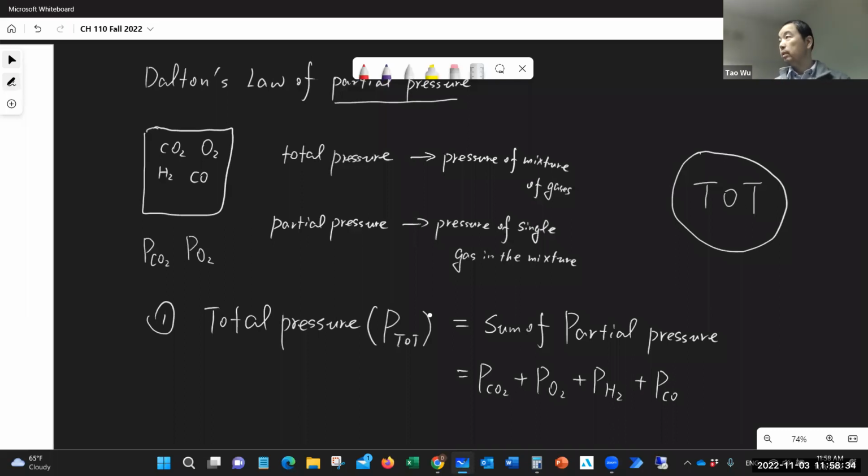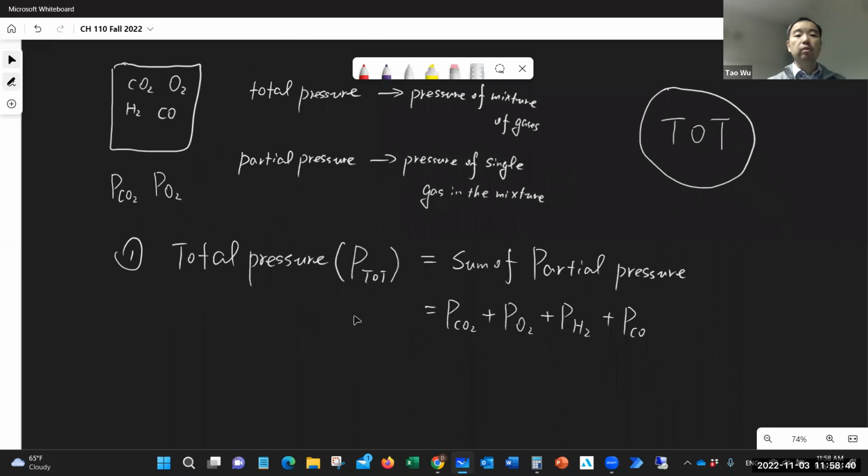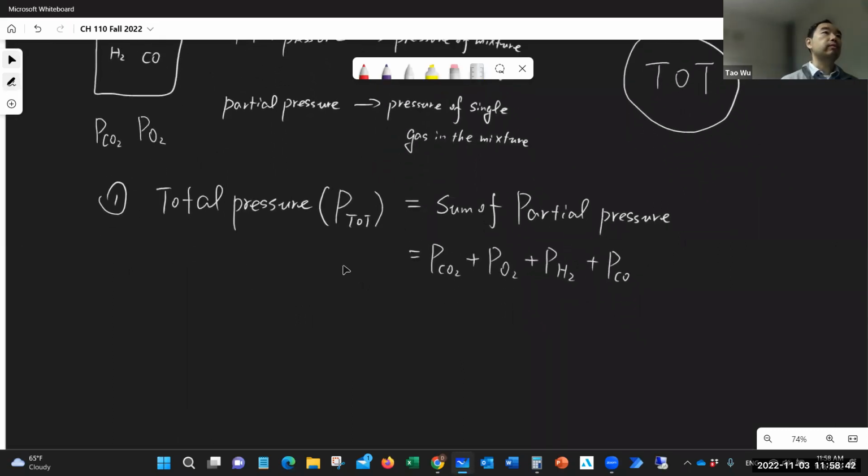That makes sense, right? Okay, so this is the first concept for these gases. Which means if you know the total pressure, and you know the other three partial pressures, you should be able to figure out the last pressure. That makes sense, right?